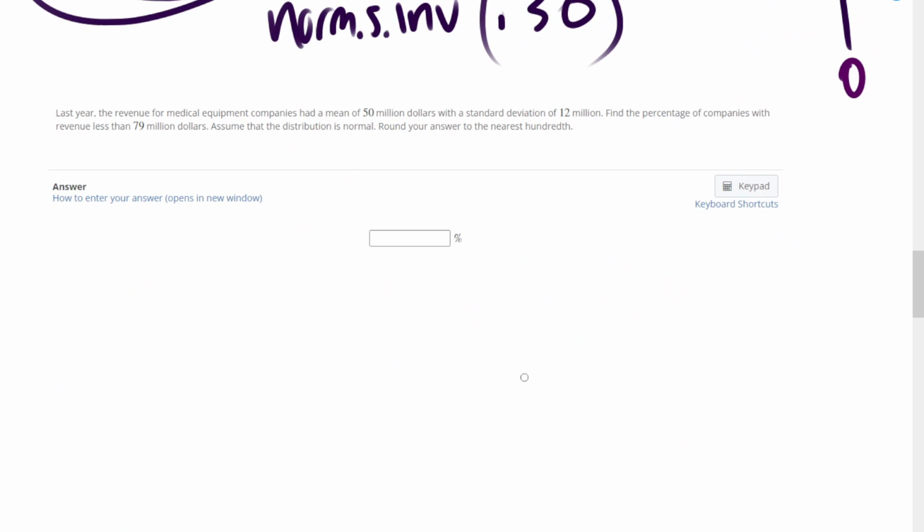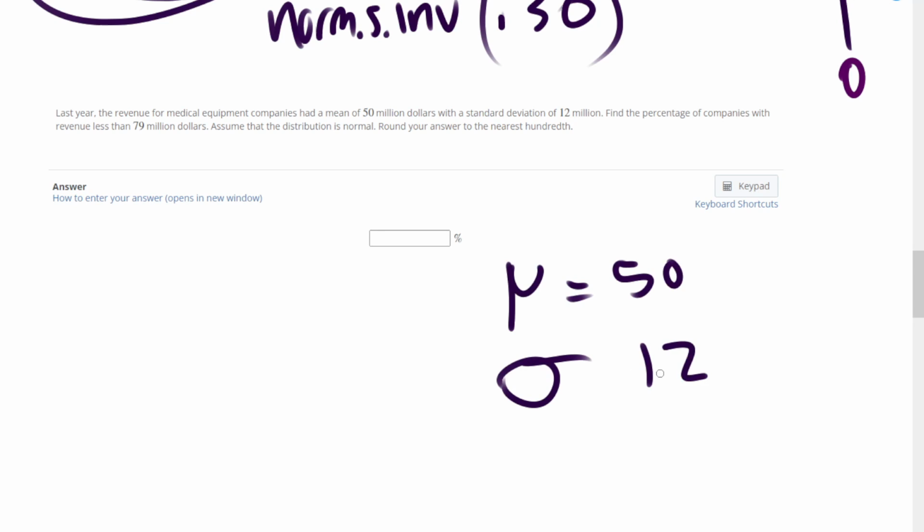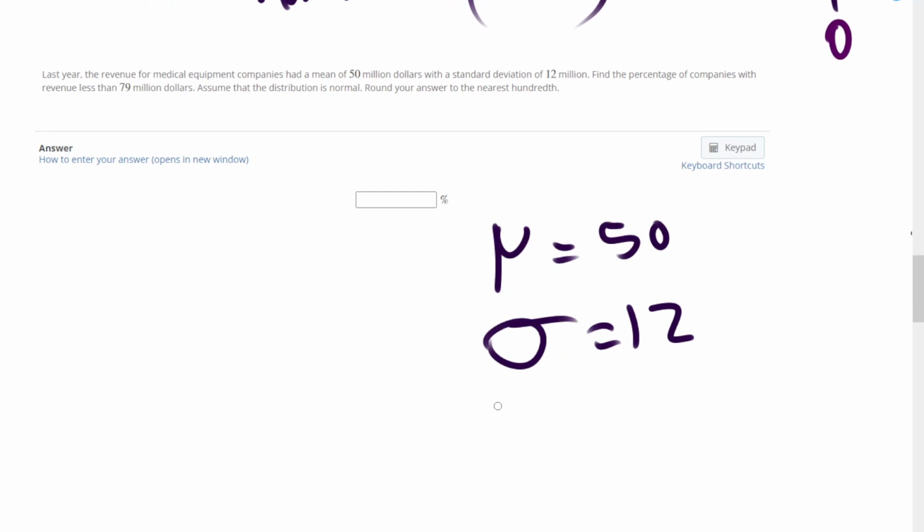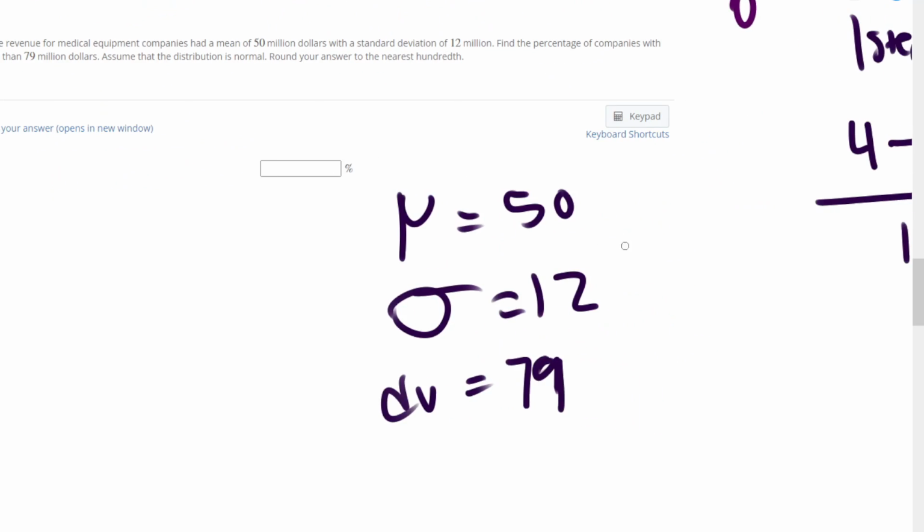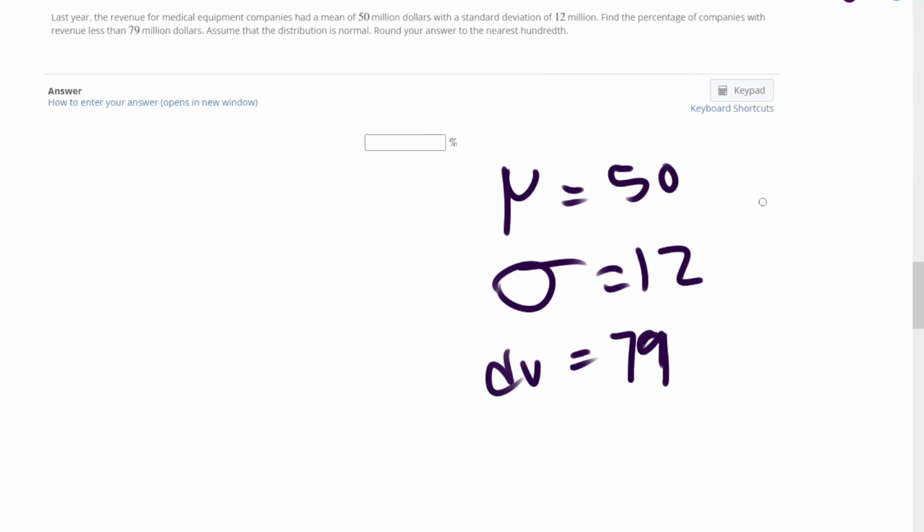Okay, last question. Last year, the revenue for medical equipment companies had a mean of $50 million. I'd like to write down what we have. Mean of 50 million, standard deviation of 12 million, and our data value is equal to 79. So we need to find the z-score first, and then we need to put that in to find the percentage less than 79.